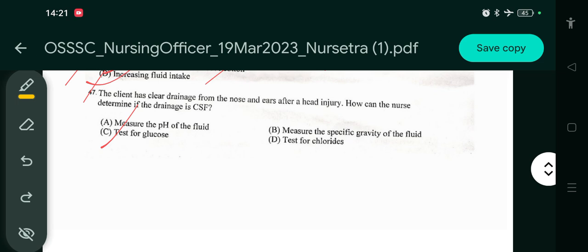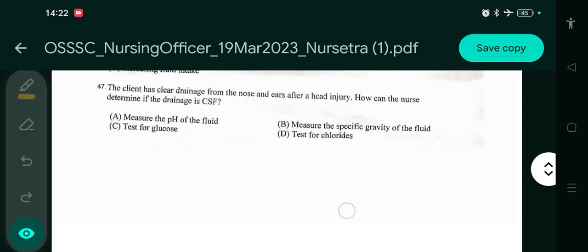B, measure the specific gravity of the fluid: from the nose and ear the fluid is coming very slowly, so we cannot measure specific gravity. So option B is incorrect, and option A is also incorrect. Option D, test for chloride, is also incorrect. So here the correct answer is option C.